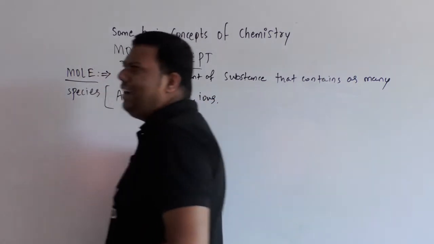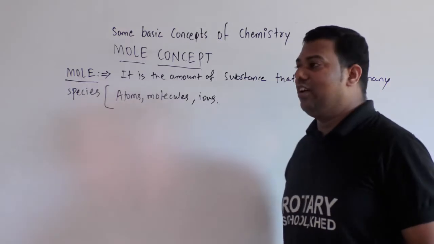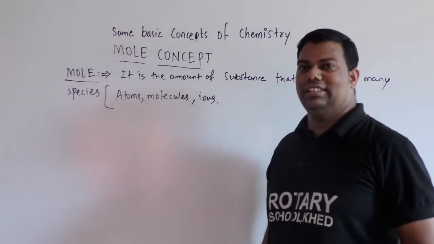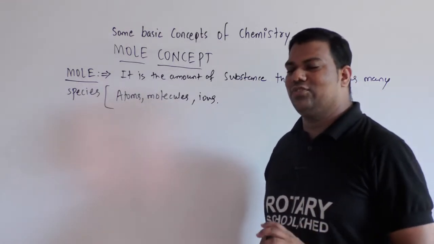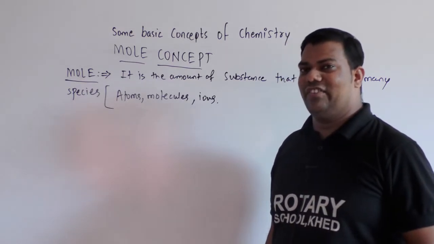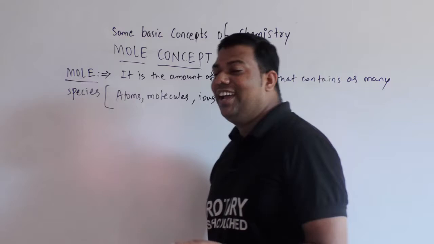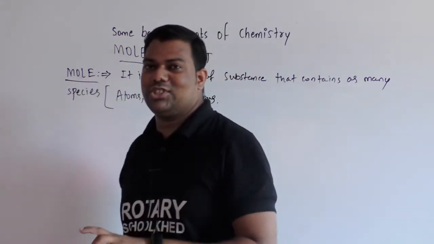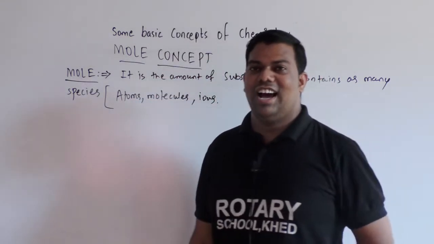In an atom there is a nucleus, and the constituents of the nucleus are protons and neutrons. Outside, electrons revolve around the nucleus.